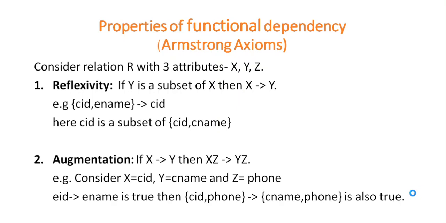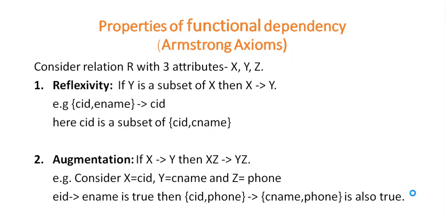The next property is augmentation. So here if X and Y, these two attributes are there, if X is determining Y, then XZ, this combination, is determining YZ. Now consider here X is customer ID, Y is customer name, and Z is phone number.